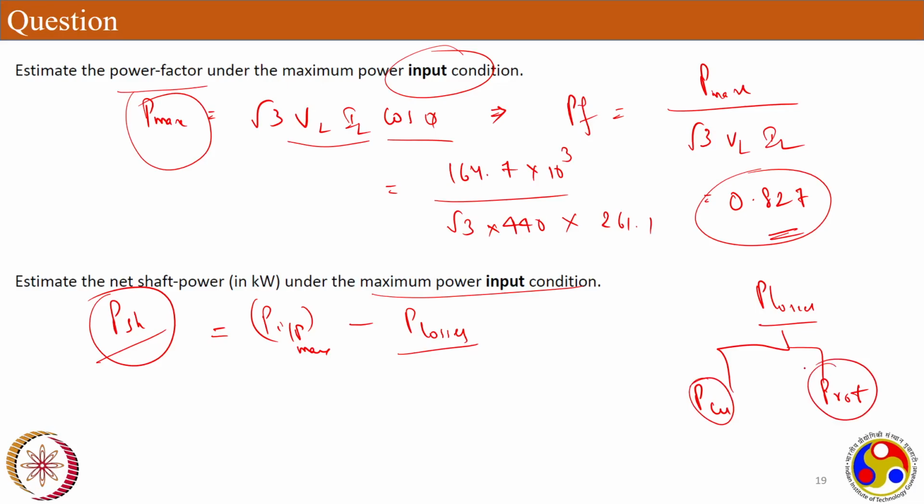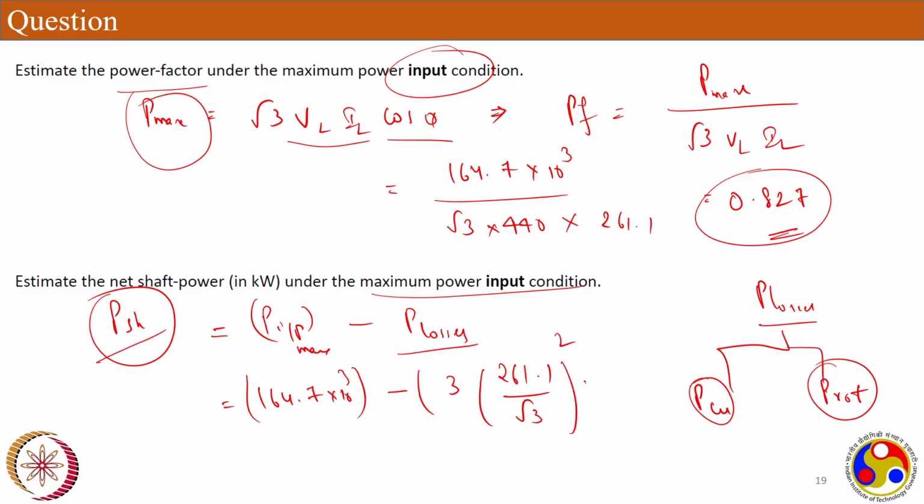So how do you calculate the losses? So input first we will write, it is 164.7 kilowatt minus copper losses, which would be three phase, 3 times your phase current squared. Phase current is what? Line current by root 3, 261.1 divided by root 3 whole square.